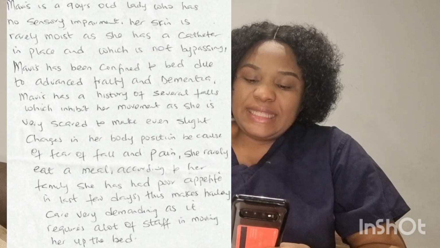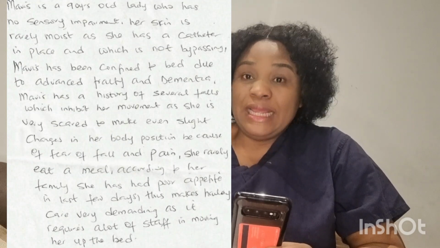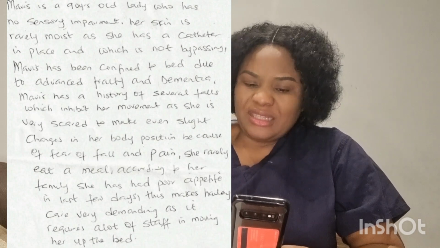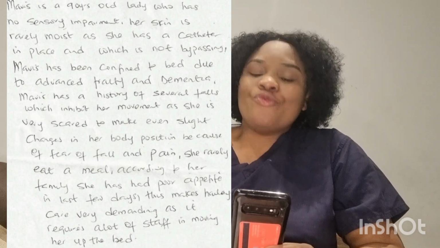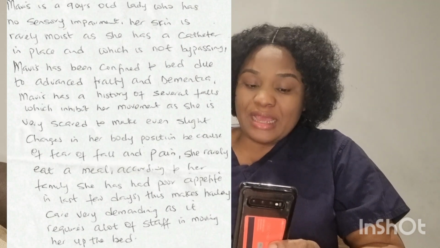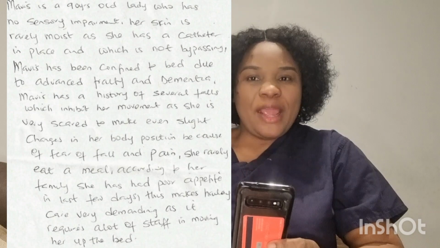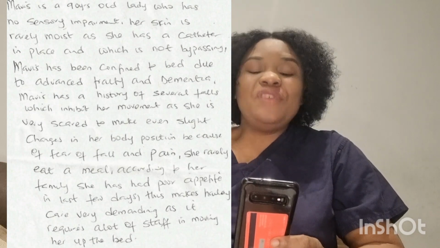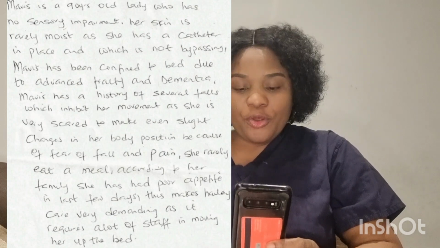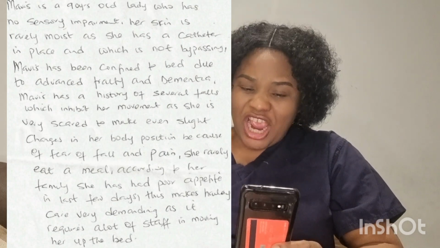So this is the scenario. Look at your screen. Mavis is a 90 years old lady who has no sensory impairments. Her skin is rarely moist as she has a catheter in place which is not bypassing. Mavis has been confined to bed due to advanced frailty and dementia.